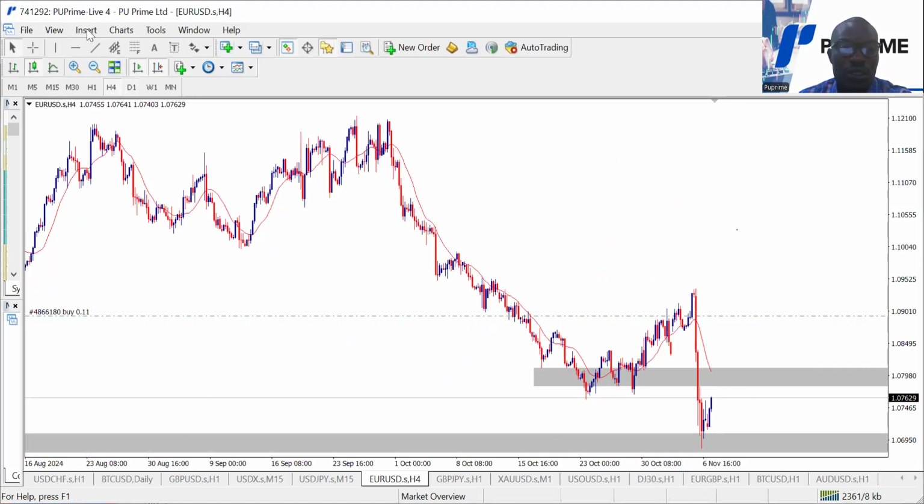Although market has also created something here that might literally happen. We could have this market come to this level, tap, retrace and move to the upside. Or market will continue its downward movement.